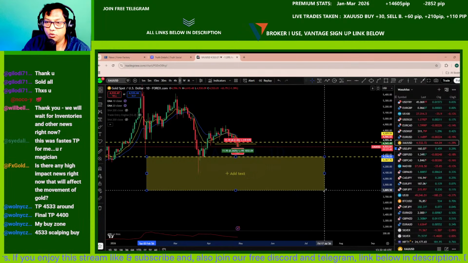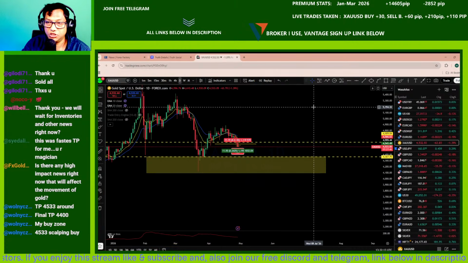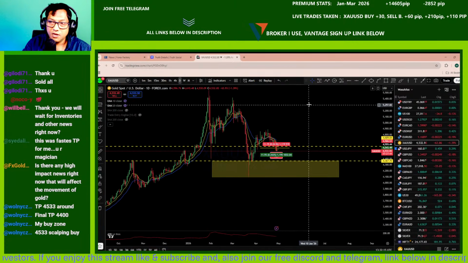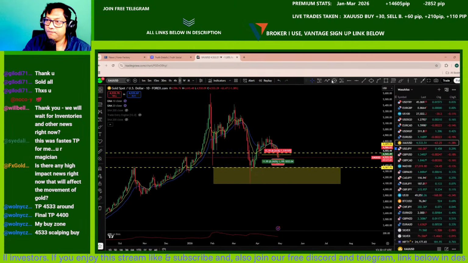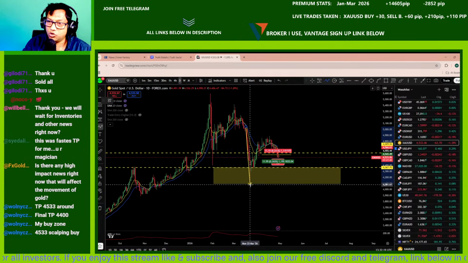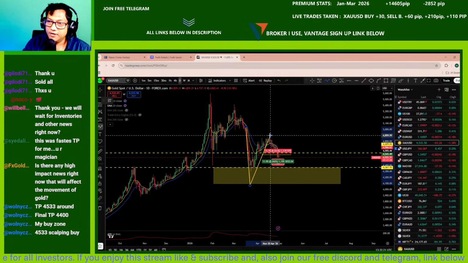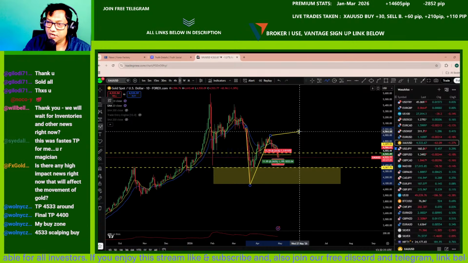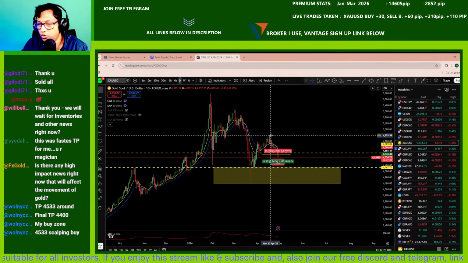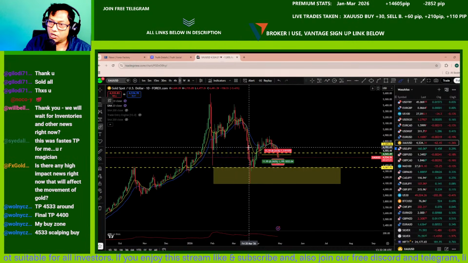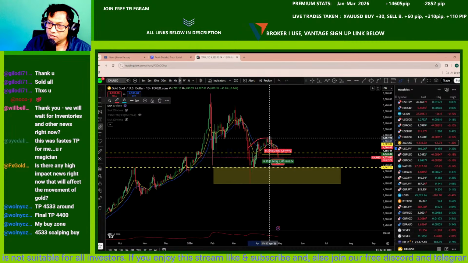I always review the smaller picture and bigger picture to see the overall clearer direction. You can see here there was a daily drop followed by this pullback, and it just created a very smooth semicircular structure.